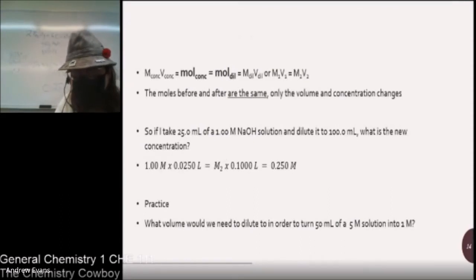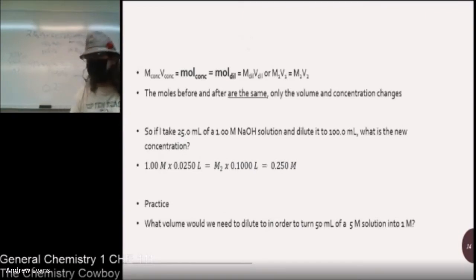So how do we do a dilution? Starting with the central concept that the moles originally in this concentrated solution are equal to the moles in this dilute solution, we can find these ratios. Remember, the one major concept is, how do we calculate molarity?